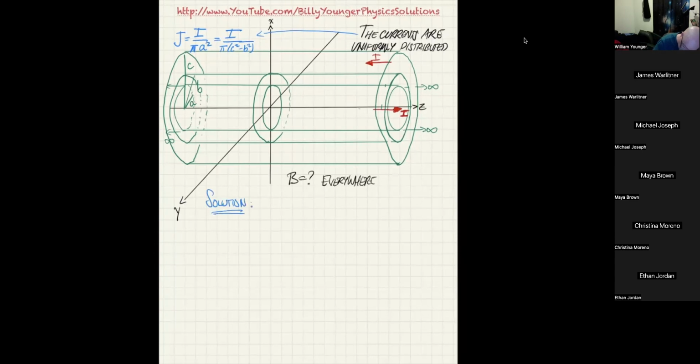I'll start with R less than A. What I mean by that is I am going to draw an Amperian loop whose radius is R, but is in fact smaller than A. And now, in addition to that, I am going to choose that I integrate around it so that the front is the current, or I'm integrating downward in front of the z-axis, and integrating upward back there behind the z-axis.